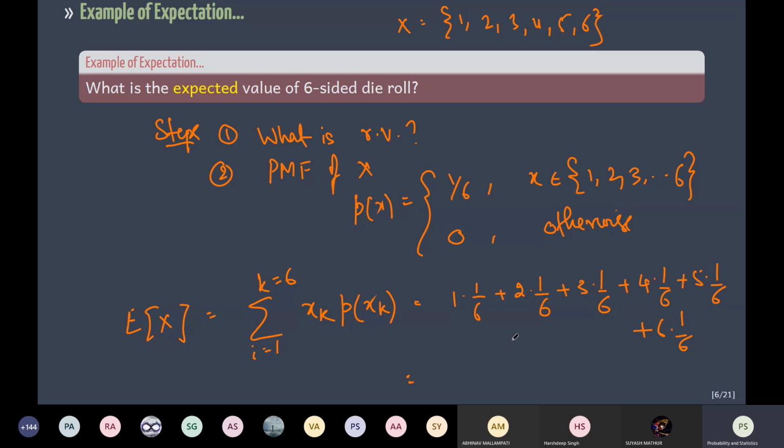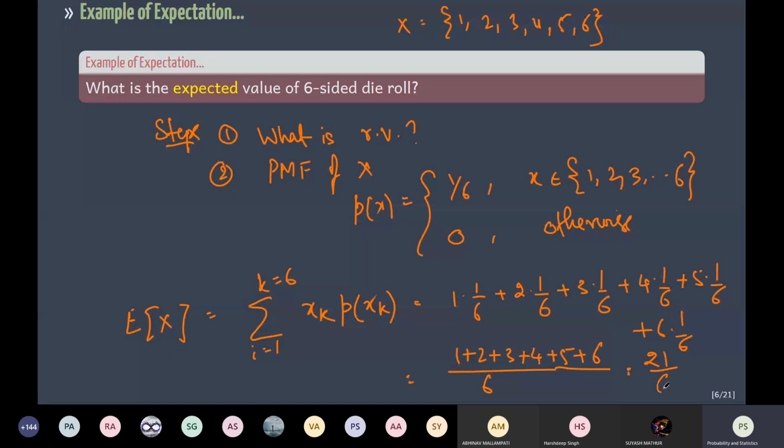In the denominator we have 6, and in the numerator 1 plus 2 plus 3 plus 4 plus 5 plus 6. That's 3, 6, 10, 15, so 15 over 6. Okay, so 15 over 6 is 21.